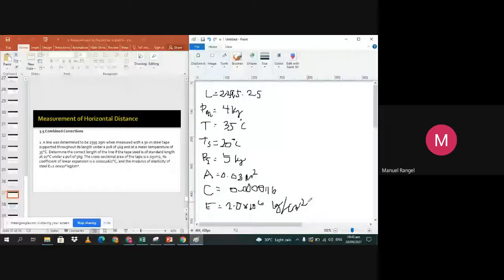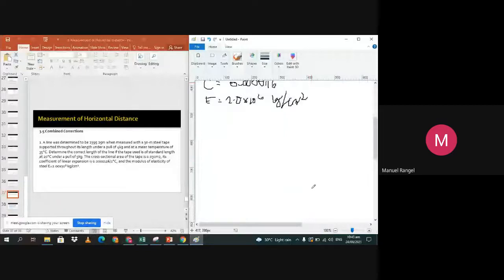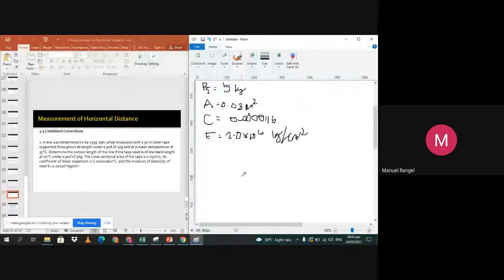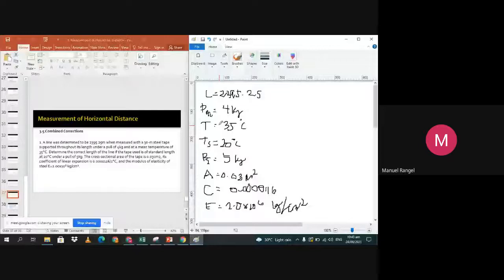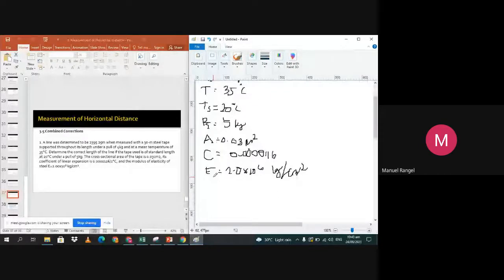Okay, kindly compute for the corrections from the base problem. Anyone? So from the given coefficient of linear expansion, so about temperature ni, the correction due to temperature, and given ang standard pull and the measured pull, the correction by tension.